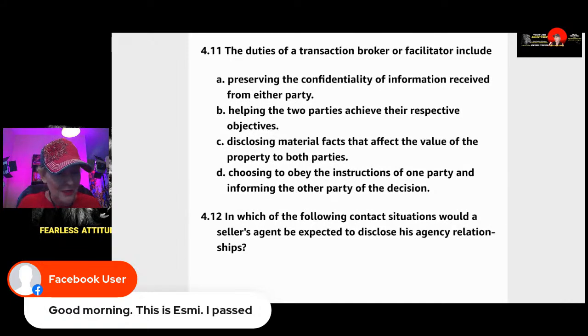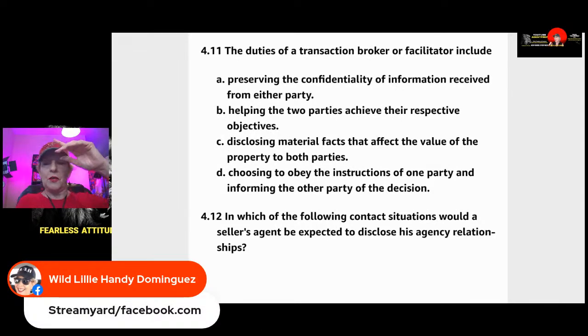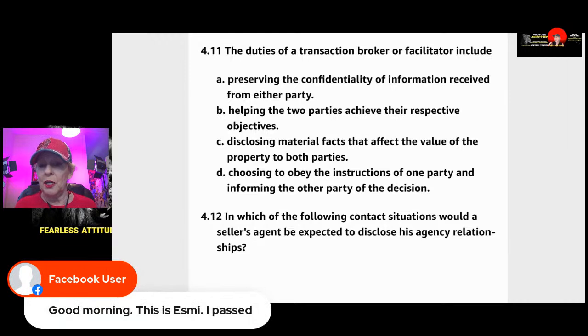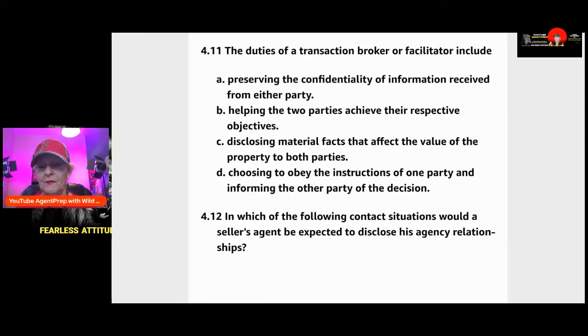So I'm so grateful for your comment, Esme, that you passed. So share with us what you did to pass. And if you can go to StreamYard.com, I typed it on Facebook, click on that link, and then let Facebook show us your name like this, okay? And like this. And that way everybody knows. Otherwise, it shows just Facebook user. But so much congratulations to you for passing that exam and letting me know. I believe you're in Houston, right? If you are, hey, write some comments, encourage everyone else, and give them an idea of what you did and what you did while you were there and before you went to the exam to get you relaxed.